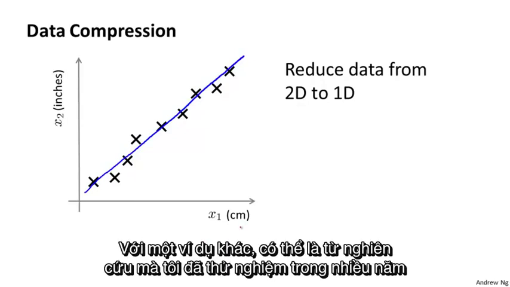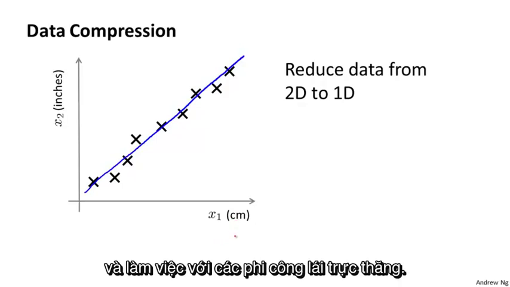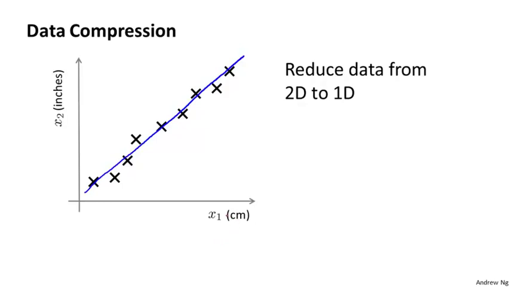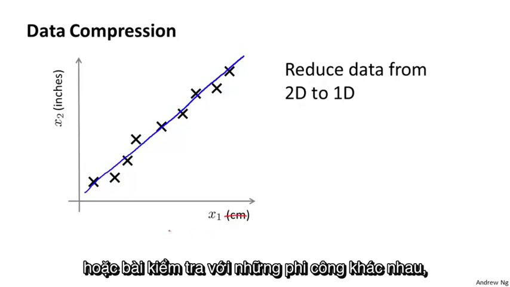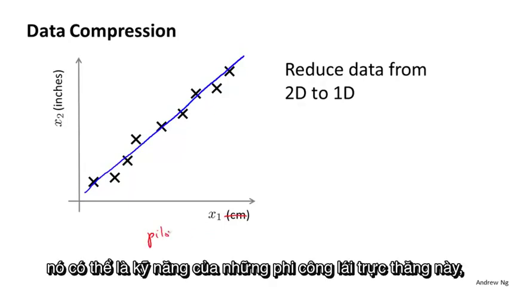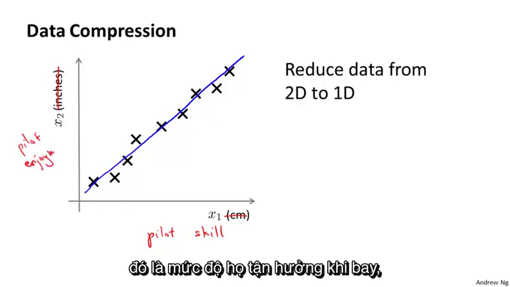For a different example, maybe one that seems slightly less contrived, for many years I've been working with autonomous helicopter pilots, that is, pilots that fly helicopters. If you were to do a survey or a test of these different pilots, you might have one feature, x1, which is maybe the skill of these helicopter pilots, and maybe x2 could be the pilot enjoyment, that is, how much they enjoy flying.